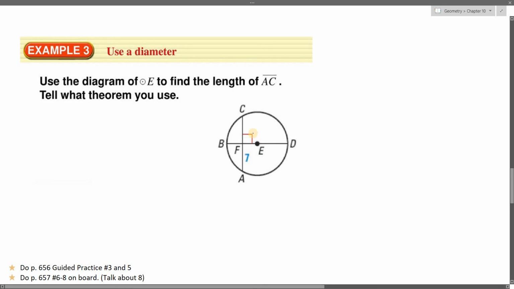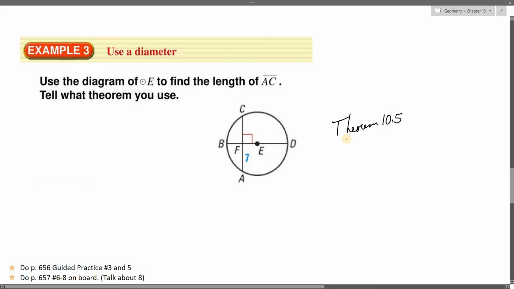Also, it passes through the center, which means if you have a diameter that passes through a chord and is perpendicular to it, which theorem that we just talked about says that is going to bisect that? Okay, you should be thinking theorem 10.5.